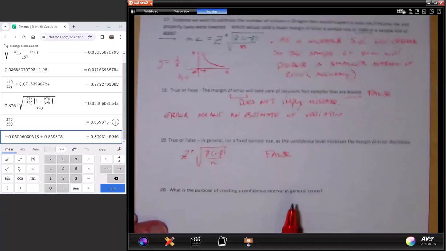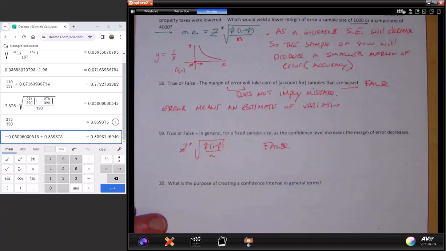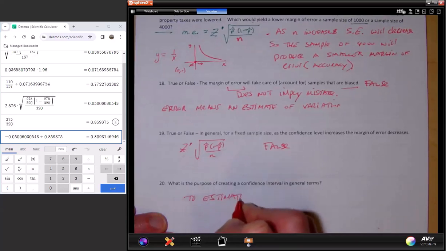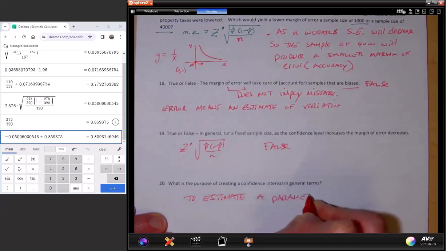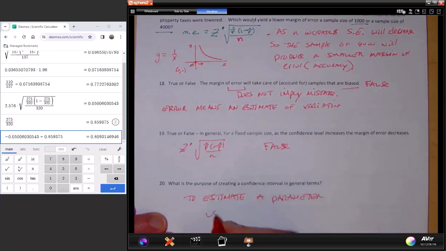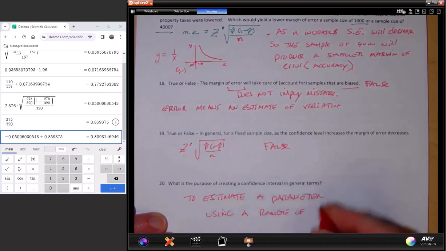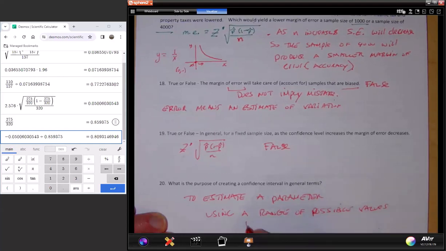Okay. What is the purpose of creating a confidence interval? In general terms, the simple one, to estimate a parameter using a range of values, but possible, for the parameter.